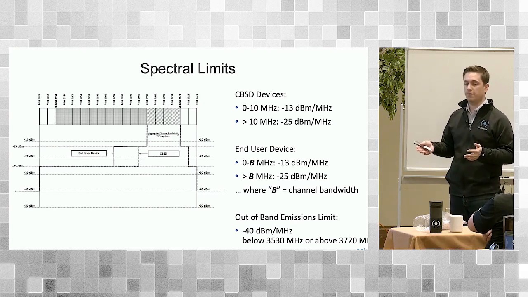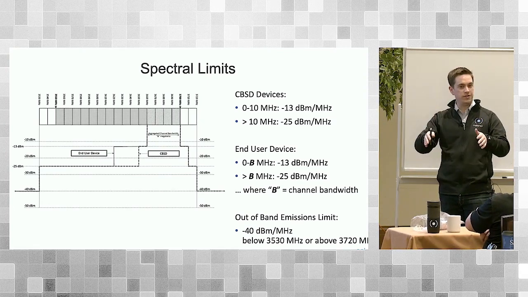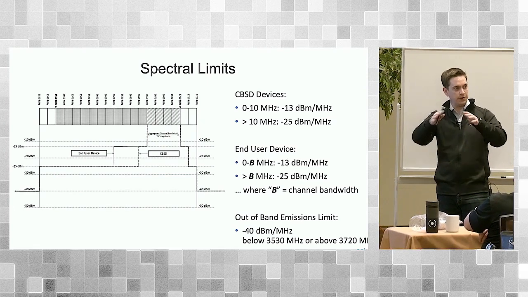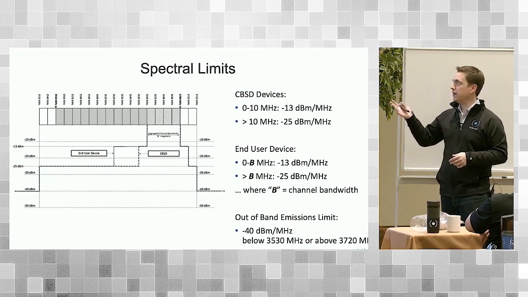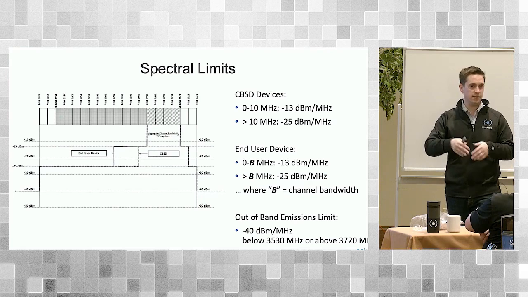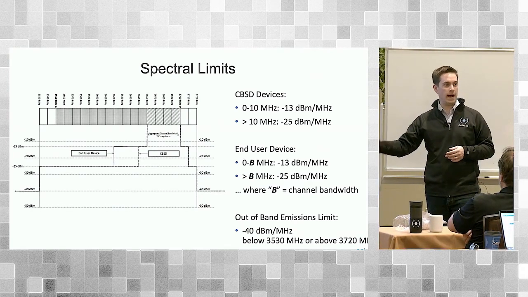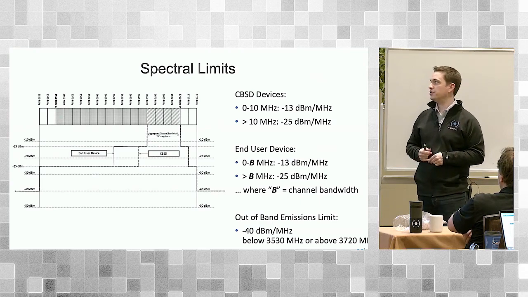Greater than 10 megahertz away from the operating channel, it has to drop by 25 dBm per megahertz. You're used to the OFDM shape and spectral limits from Wi-Fi. This is very similar for OFDMA with LTE and CBRS. The further away you get from the operating channel, the lower the power output and emissions can be.